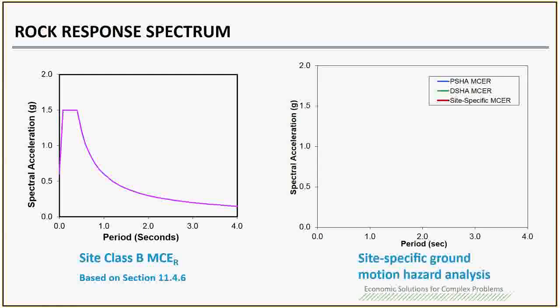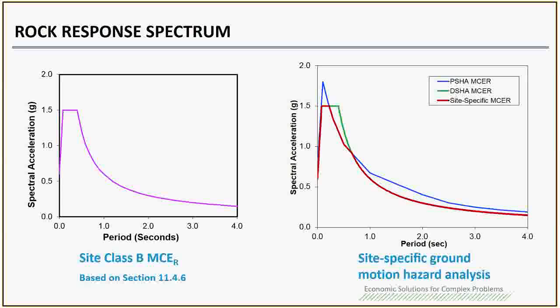And this other approach is indicated by Section 21.2. So basically you need to run your own PSHA for the bedrock, then the DSHA for the bedrock, and the site-specific MCE spectrum will be the lesser of the two.